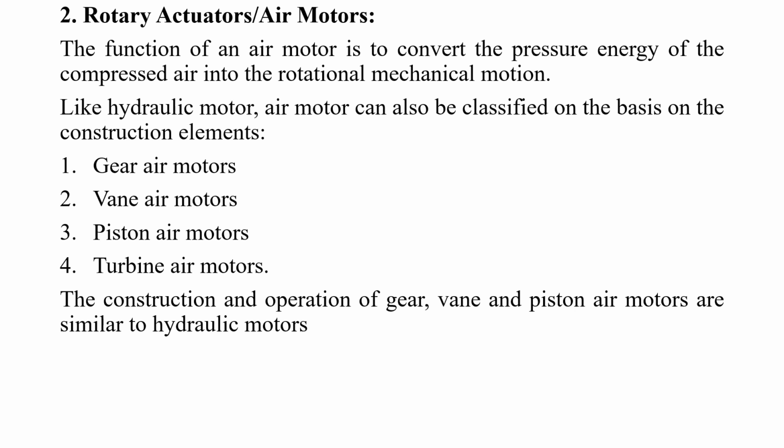The turbine air motors are not used in hydraulic systems. Only the gear, vane and piston motors are used there. Construction wise, the hydraulic motors and pneumatic air motors are similar, and the only difference is the working medium. There we have pressurized hydraulic fluid, a hydraulic liquid, but here it is compressed air.